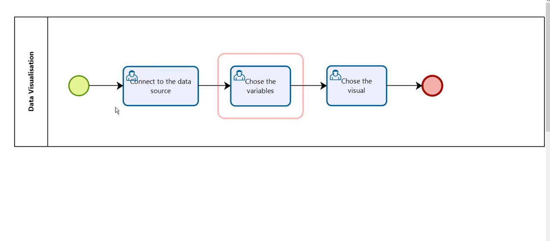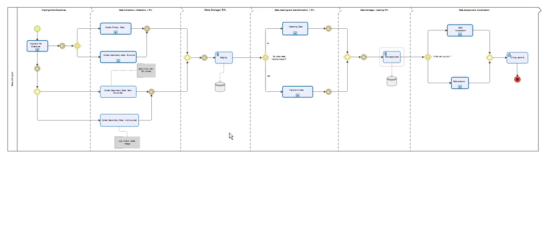We connect to this source, we choose which variables, because they are already clean and transformed, and we choose the visual that we are going to work with.